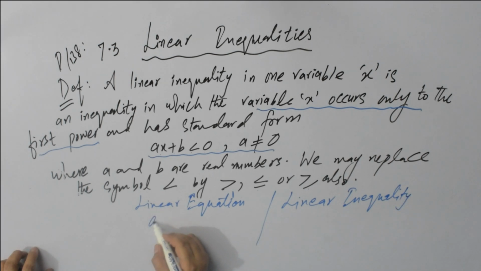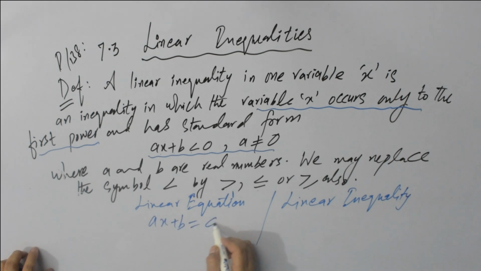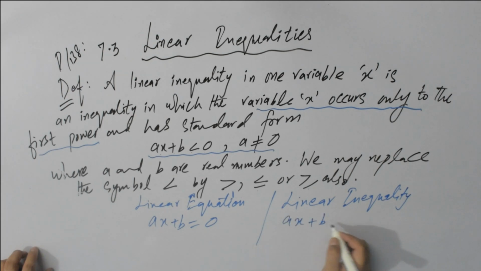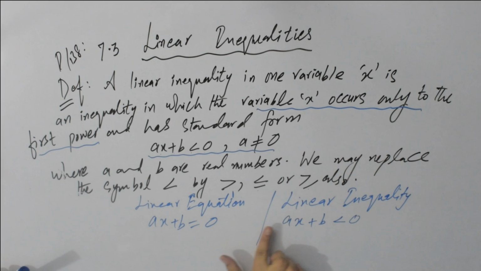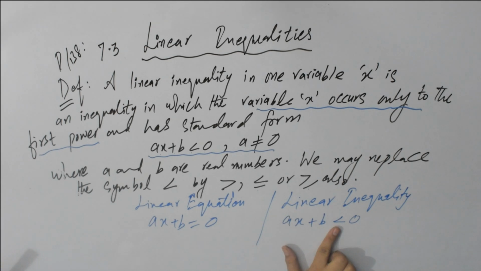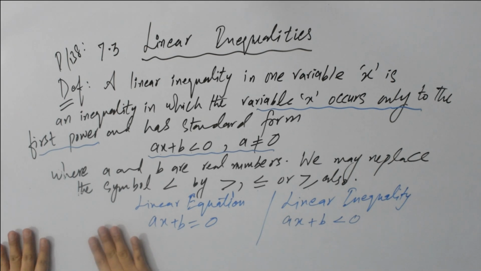A linear equation is ax plus b is equal to 0, and a linear inequality is ax plus b less than or equal to whatever. Different signs can come. So the main difference between a linear equation and a linear inequality is the equality sign versus the inequality sign. I hope students it is now clear to you.